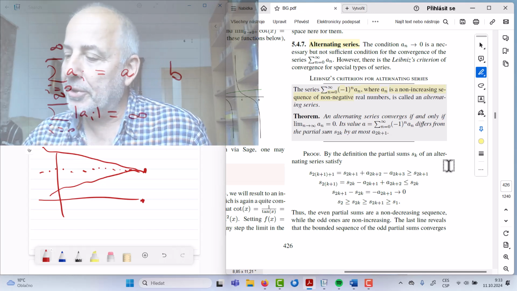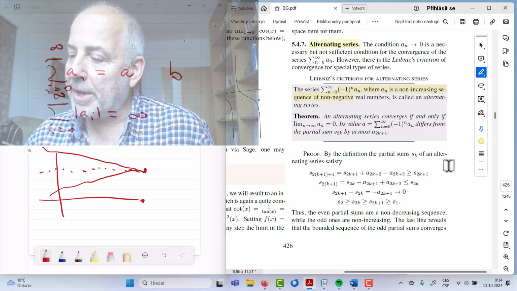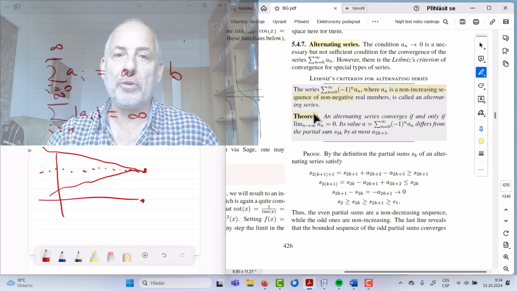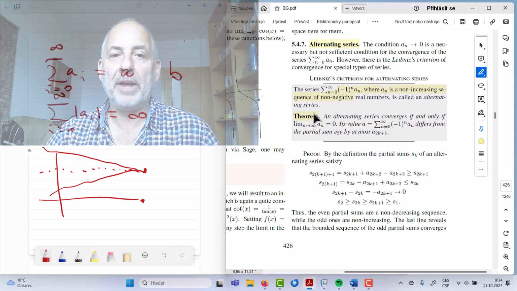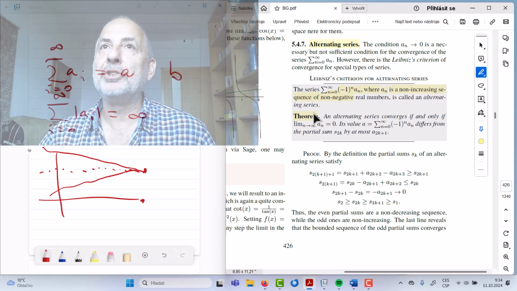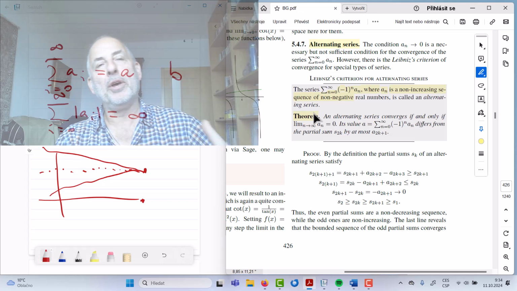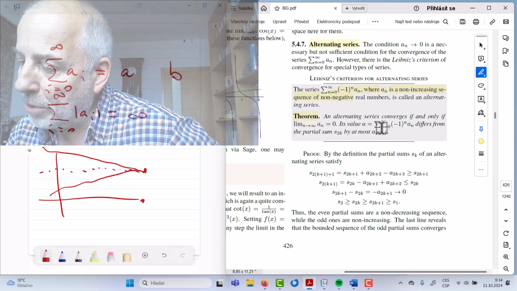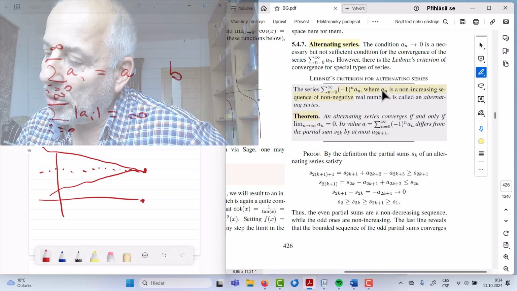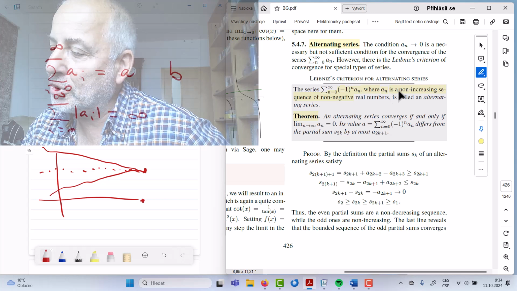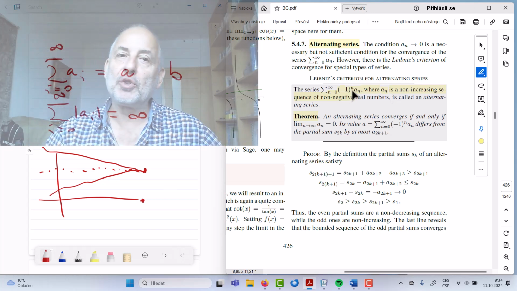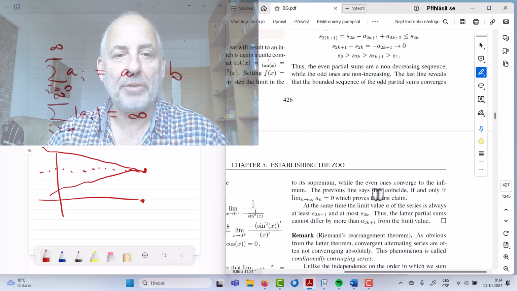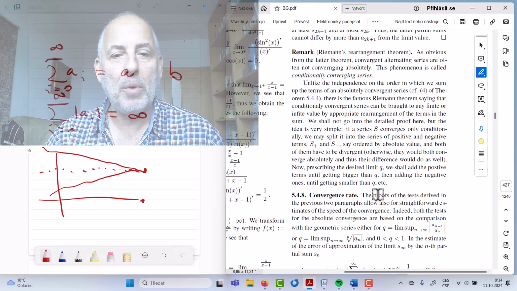And there is a very simple theorem saying that an alternating series converges if and only if the necessary condition is fulfilled. So if a_n goes to 0, it simply converges. But it's very important that you really have both of the properties: it must be a non-increasing series of positive numbers, and you take them with the (-1)^n coefficient, right? And the proof is very easy, so there is nothing to be worried about.